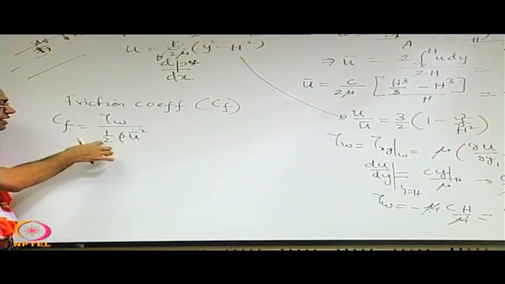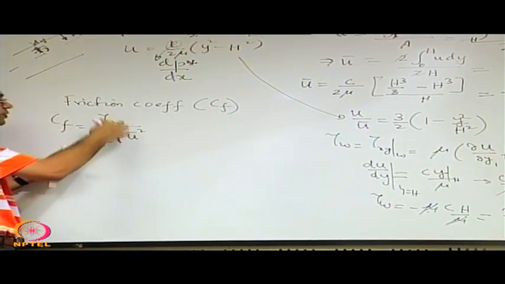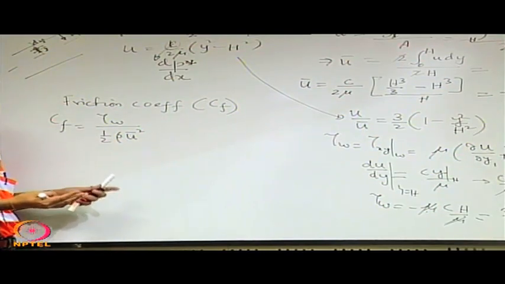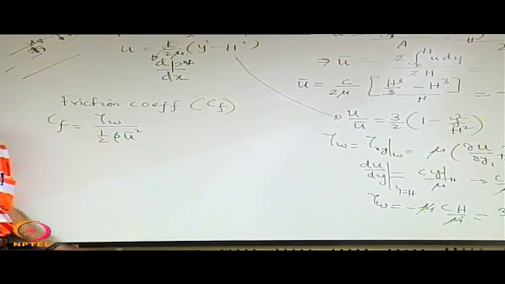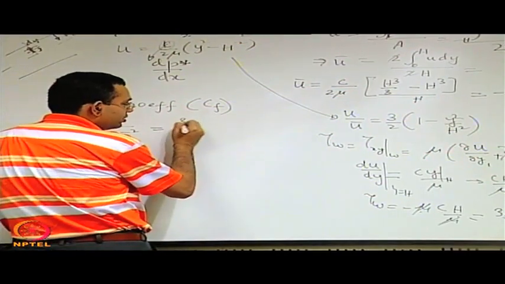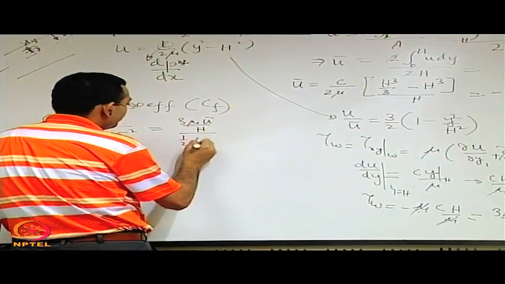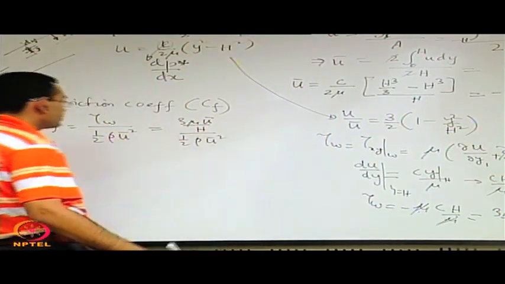So, this is unitless. Half has a sanctity that represents a normalized effect with respect to the kinetic energy. But it is just for non-dimensionalization, even one may omit the half. This is just to keep the sense of kinetic energy. So, you have 3 mu u average by h by half rho u average square.